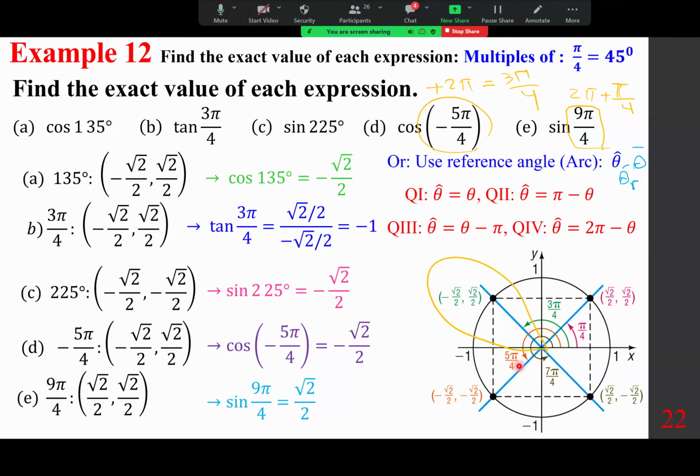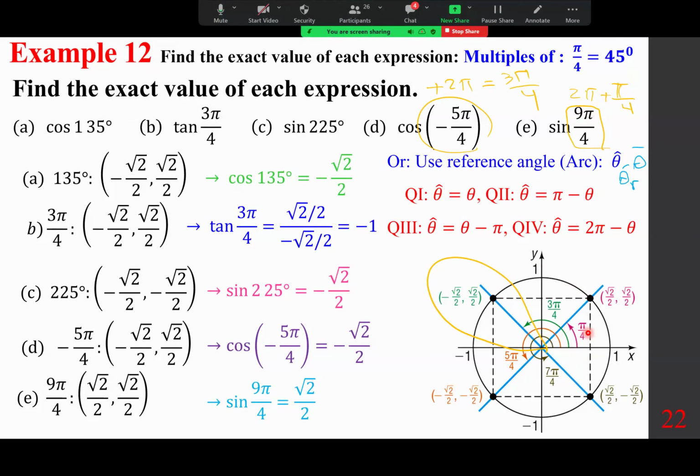For example, 5 pi over 4, subtract pi from it gives you pi over 4. In the fourth quadrant, 2 pi minus theta. For example, 7 pi over 4, if you subtract it from 2 pi, it gives you pi over 4. All of them have pi over 4 as a reference arc.